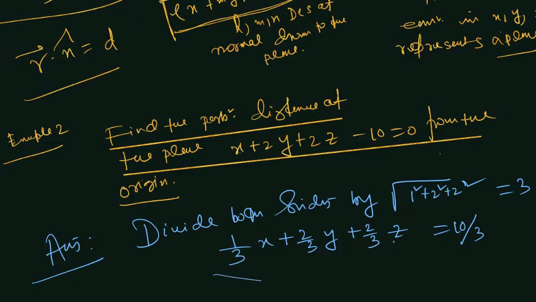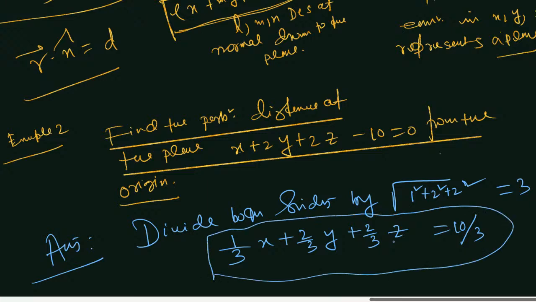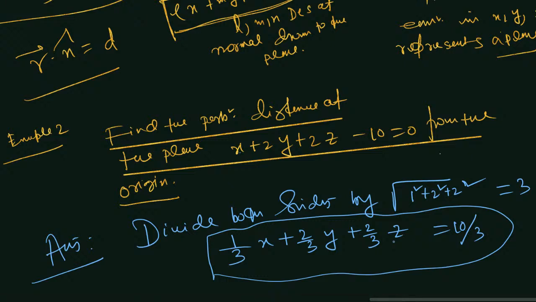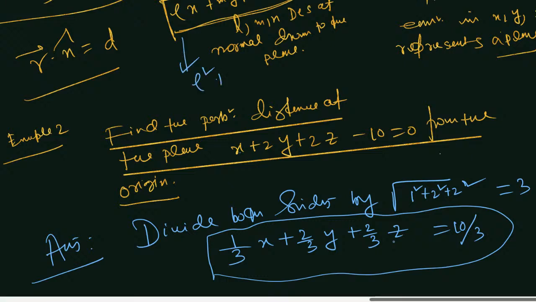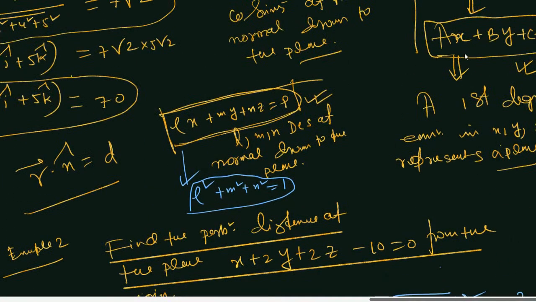Now what about this form? This is of this form only. Why? Because 1/3 square, 2/3 square and 2/3 square, their sum is 1. They are direction cosines because the sum of these three squares has to be 1. These are direction ratios because the sum of squares a square plus b square plus c square is not 1. Once we divide by root over a square plus b square plus c square, then we will get the normal form.